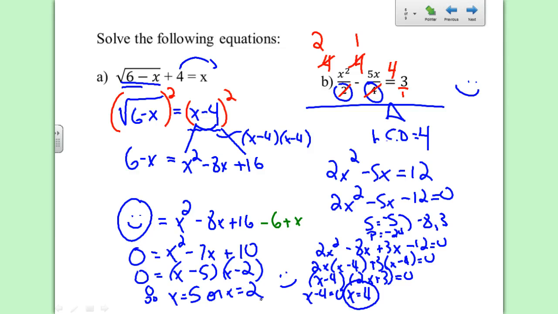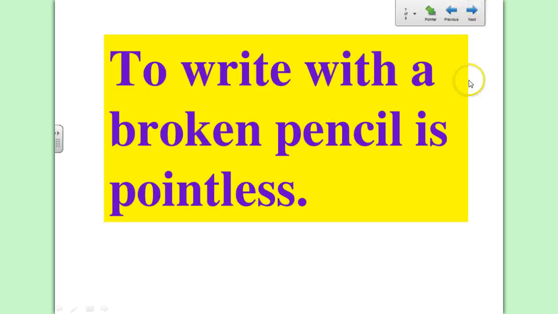That's my answer. And for 2x plus 3 to equal 0, I know that x would have to be equal to minus 3 over 2. And those are my two answers for this bigger or trickier quadratic equation.